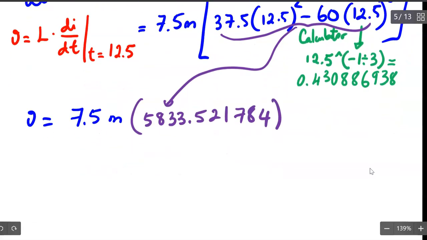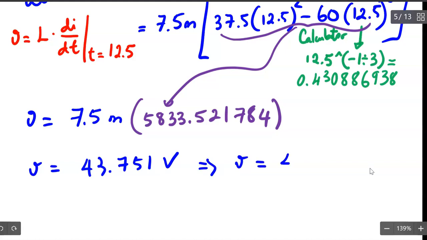Okay, I multiply this with this, putting my calculator in engineering notation, I end up with 43.751 volts.